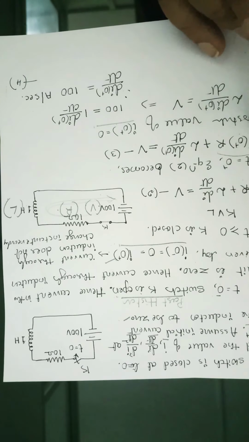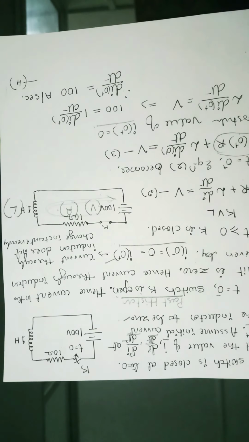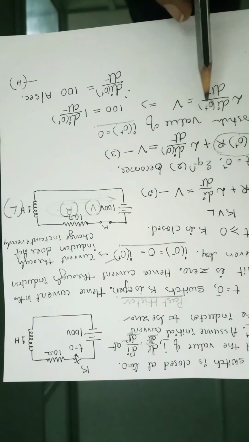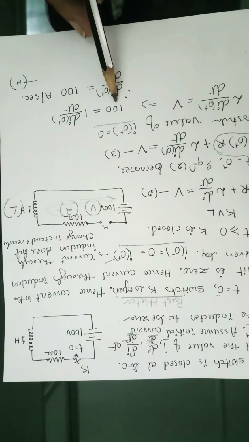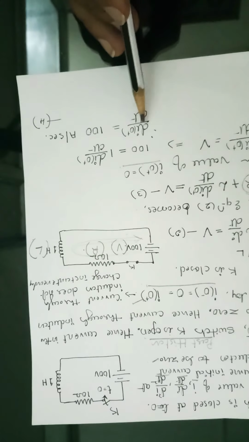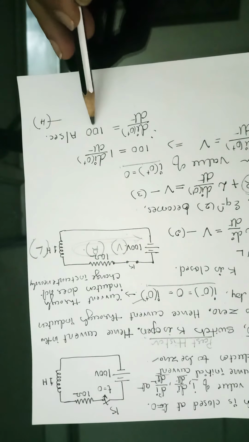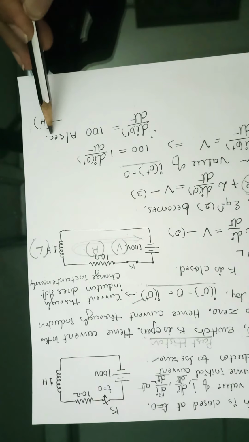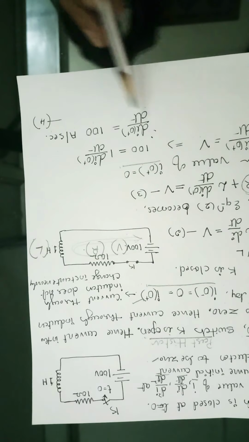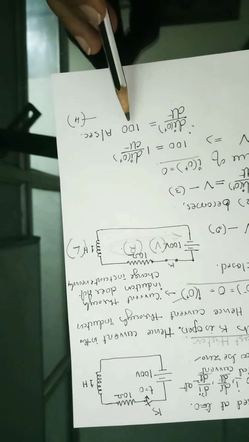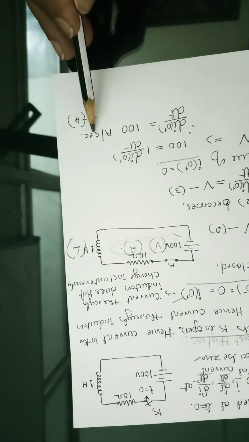So L di(0 plus)/dt equal to V, that is 100 volt. Therefore, di(0 plus)/dt is equal to 100 amperes per second.